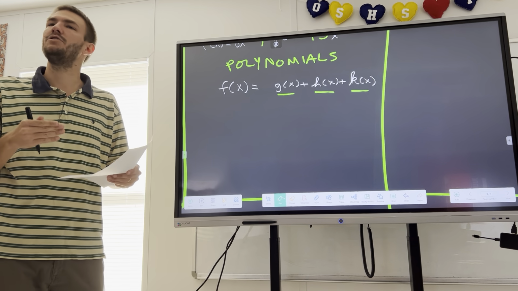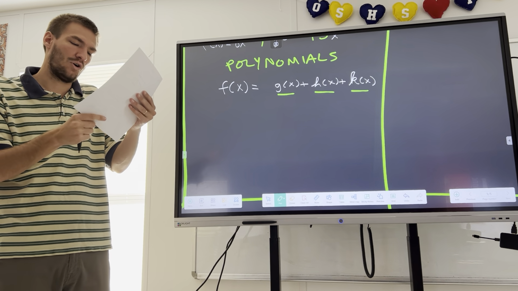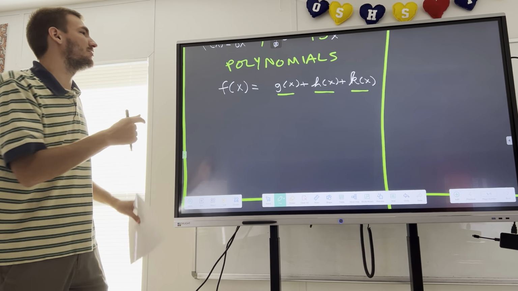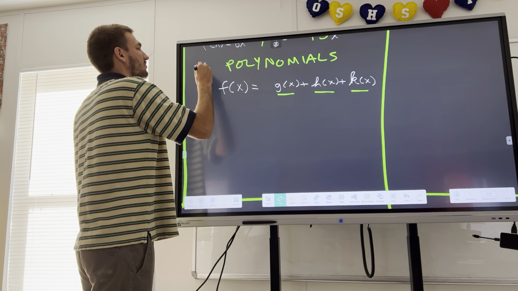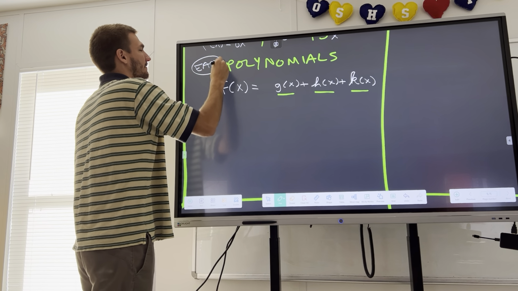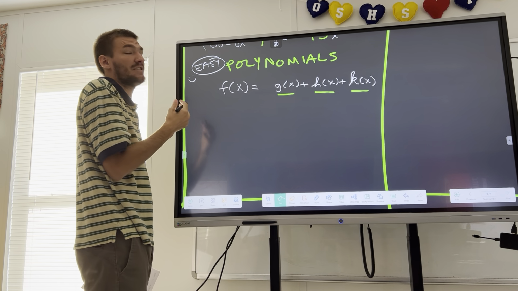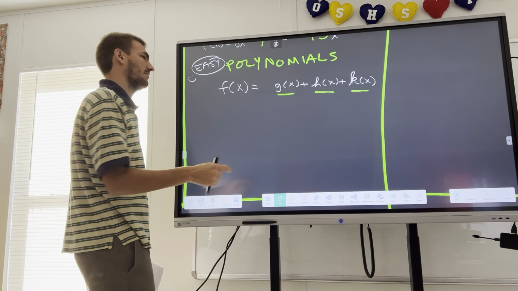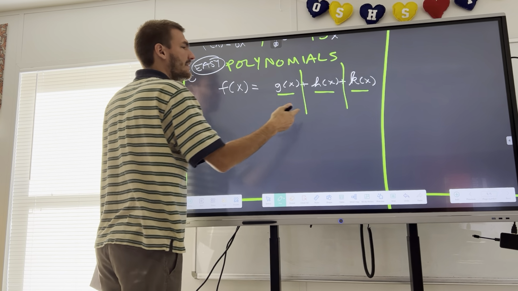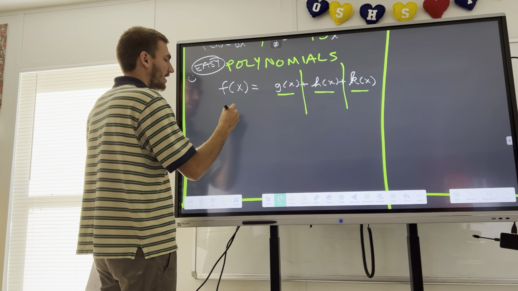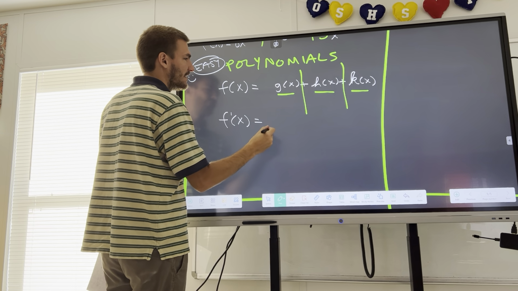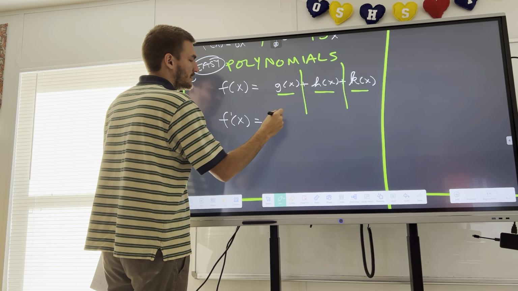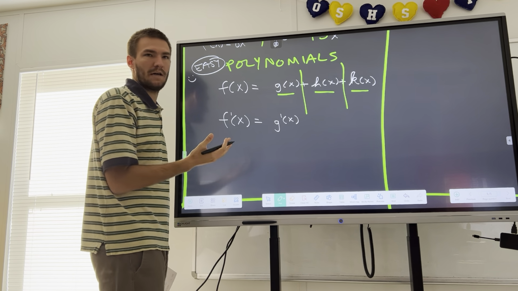So what do you do if you have this string and they're all added up together? The good news is polynomials are easy. You just take the derivative of each of them, totally separate from each other. So we can think about it one at a time, and f prime of x is going to be g prime. Just take the derivative of g.